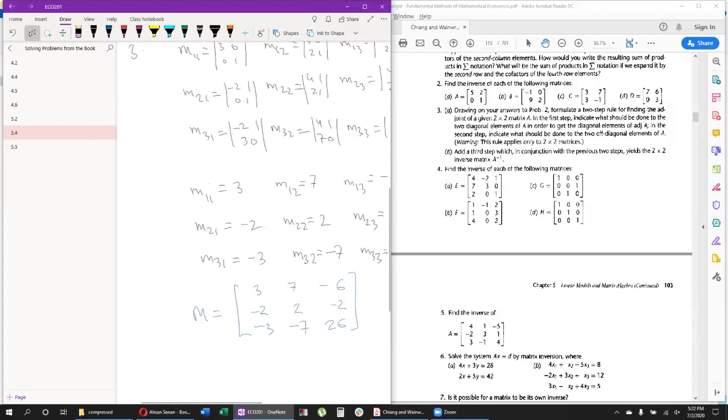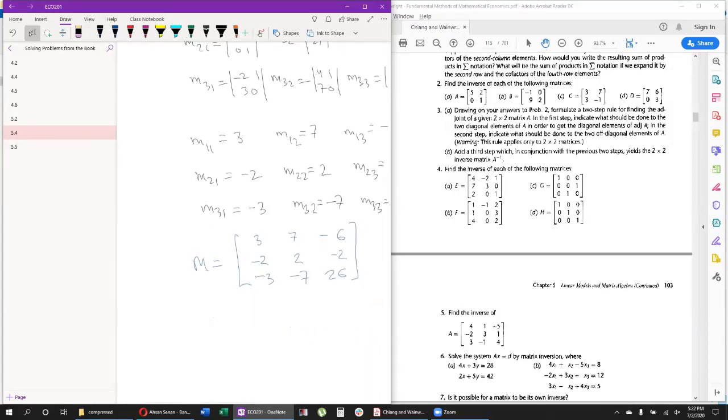This is part 3 done. Let's move on to part 4, which is where we have to find the cofactor matrix. To find the cofactor matrix, we're just going to multiply some of the elements with a minus. So I'm going to write down the minor matrix again. And now, this one will become minus.